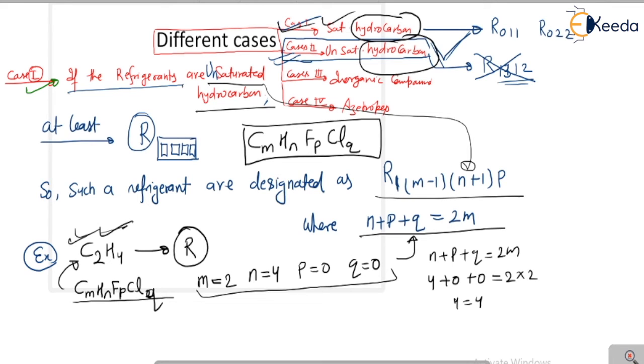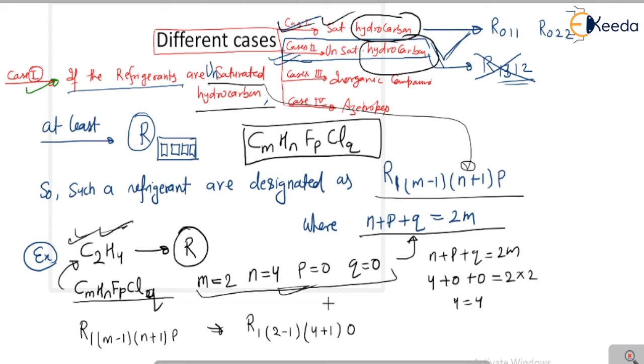So my dear friends, let's write this standard designation R with suffix: (M minus 1), (N plus 1) and P. Here all the values of M, N and P are known. So R, in brackets, the value of M is 2 minus 1, the value of N is 4 plus 1, and the value of P is 0.